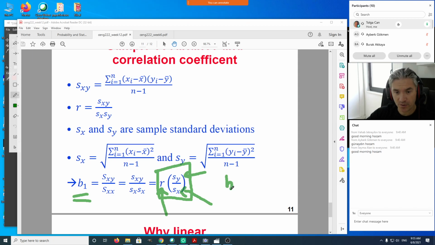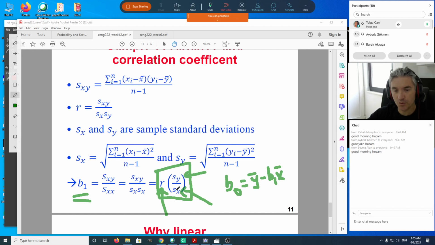How are we going to compute what beta 0 is after this point? Beta 0 will be the same: y bar minus b1 times x bar. You will be using the sample averages, or sample means, to do that. So this was what beta 0 was, right?